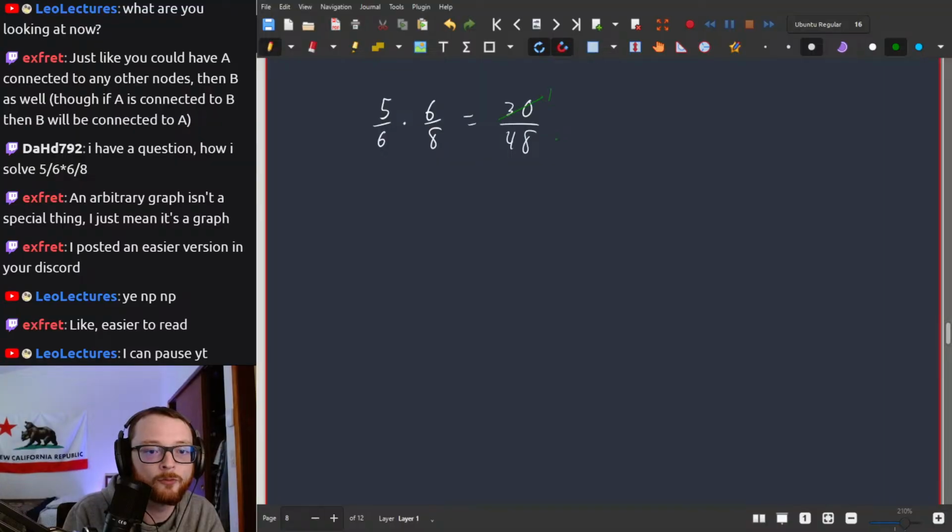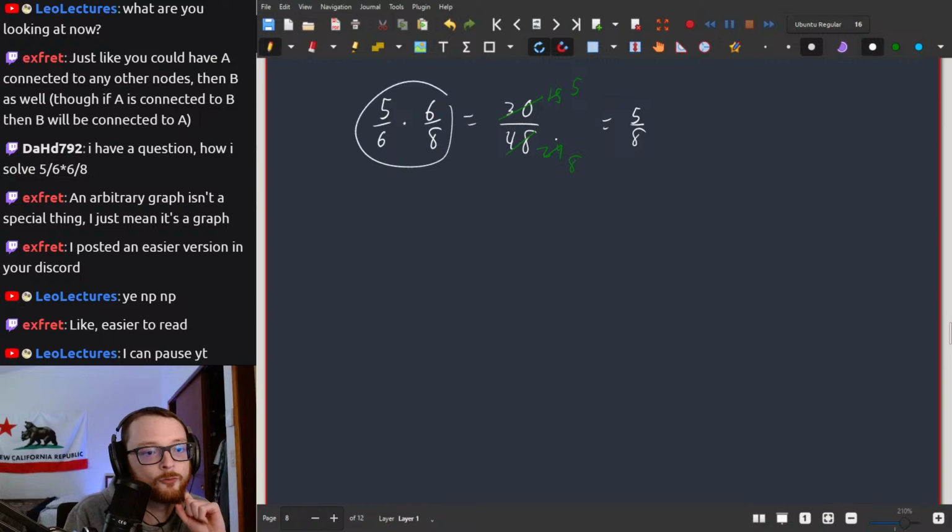So 30 becomes 15, 48 becomes 24. Oh, and sneaky, these both have 3 that go into them still, so we can cancel again to get 5 over 8. That's the long way of doing it, but it'll always work for any two fractions.